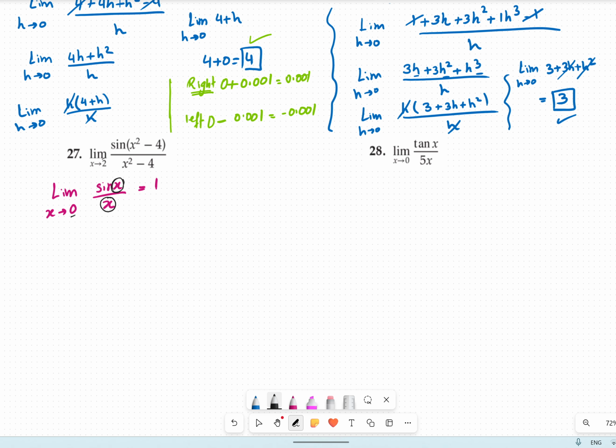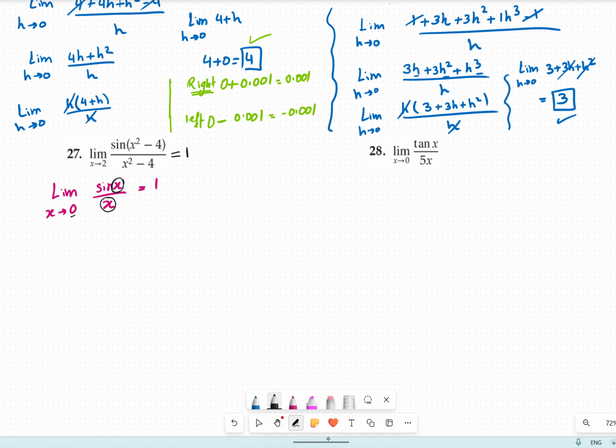So look, if you were to put 2 here, 2 square is 4, 4 minus 4 is 0. Again, 2 square is 4, 4 minus 4 is 0. So notice that this number will make this 0, will make this 0. So this means directly that the answer of this is equal to 1.